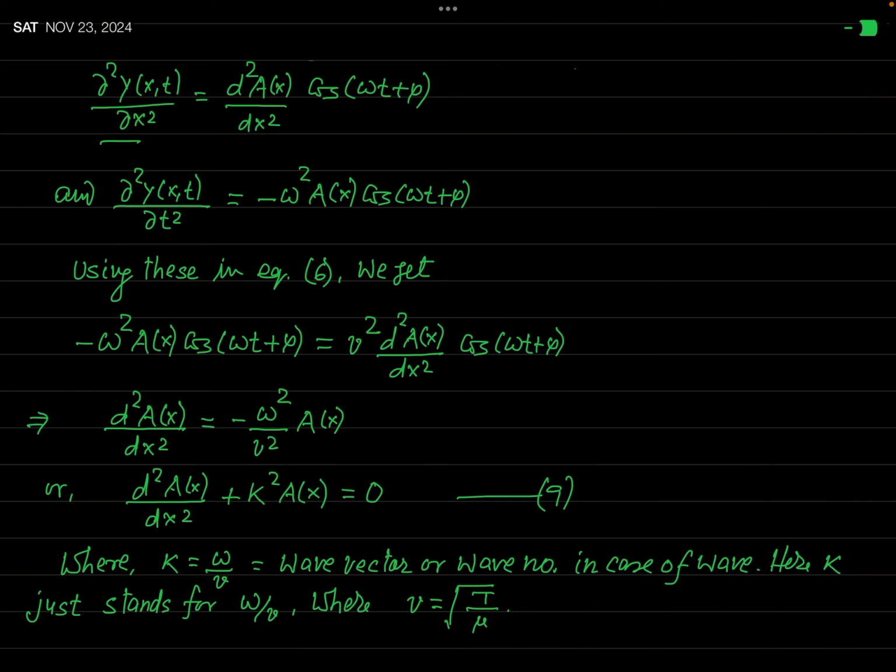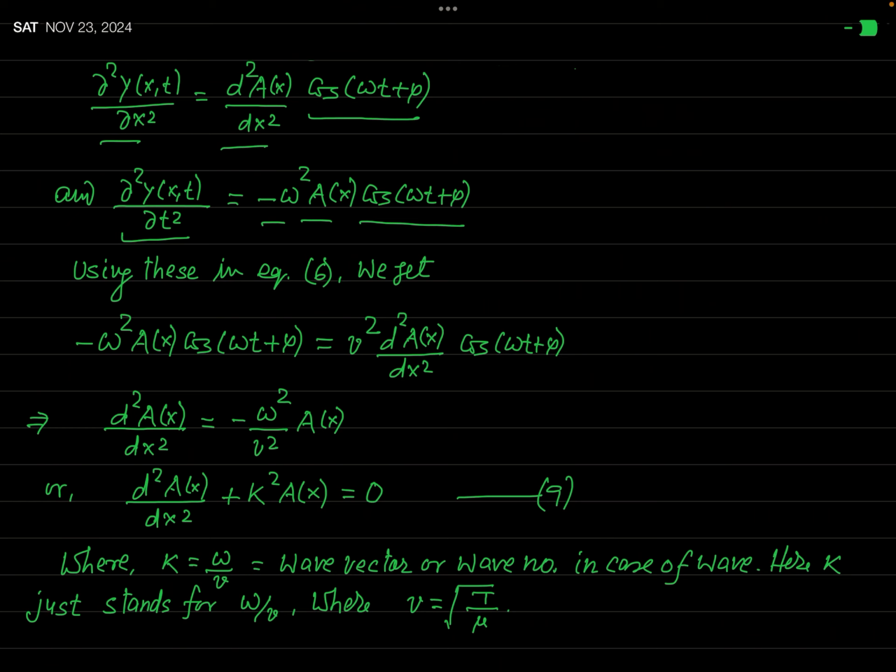So del 2y by del x square will be d2A by dx square times cosine of omega t plus phi. Now in a similar manner, when you differentiate y with respect to t partially two times, your result will be minus omega square times A of x times cosine of omega t plus phi.